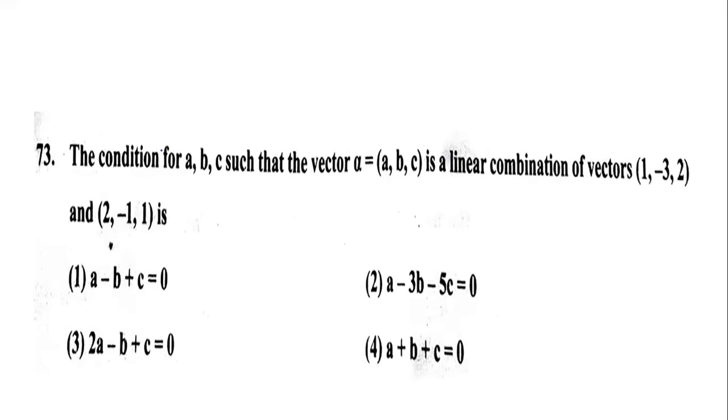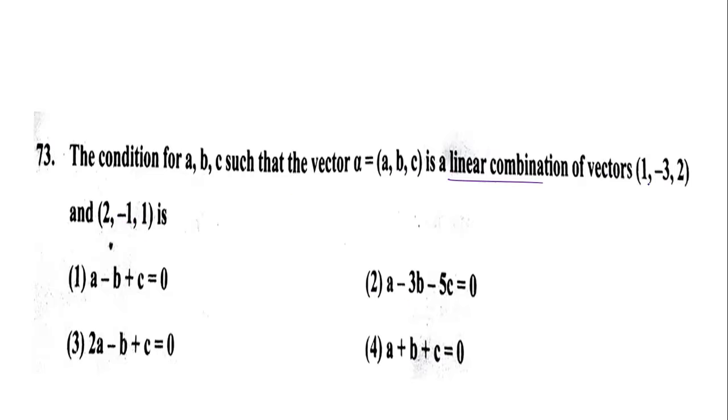Next, the condition for a, b, c such that vector alpha equal to (a, b, c) is a linear combination of vectors (1, -3, 2) and (2, -1, 1). Simple, they have given a simple equation.